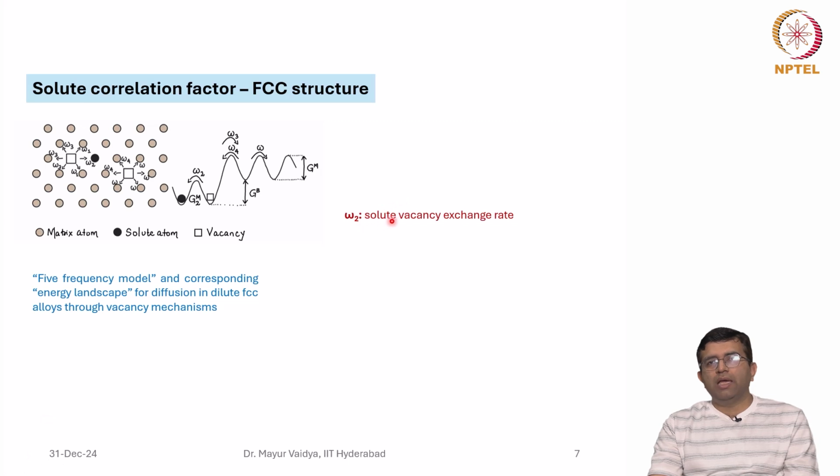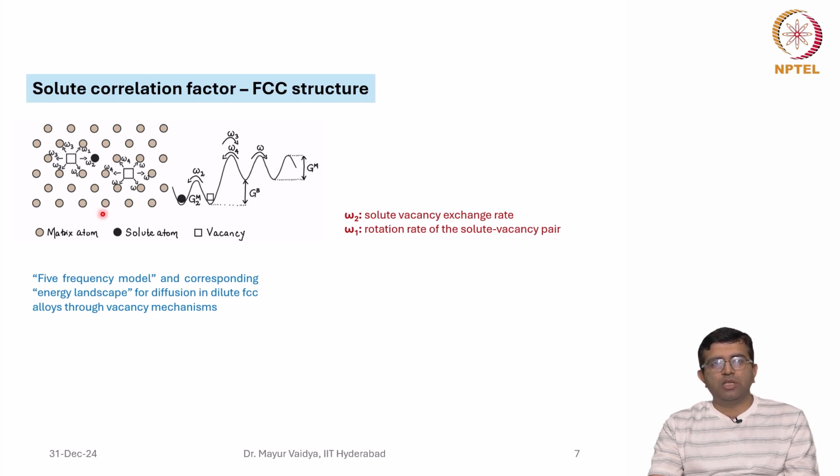Omega 2 is the solute vacancy exchange rate. That means at what rate the solute and the vacancy are exchanging position. This is the solute vacancy exchange rate. Then omega 1 is the rotation rate of the solute vacancy pair.